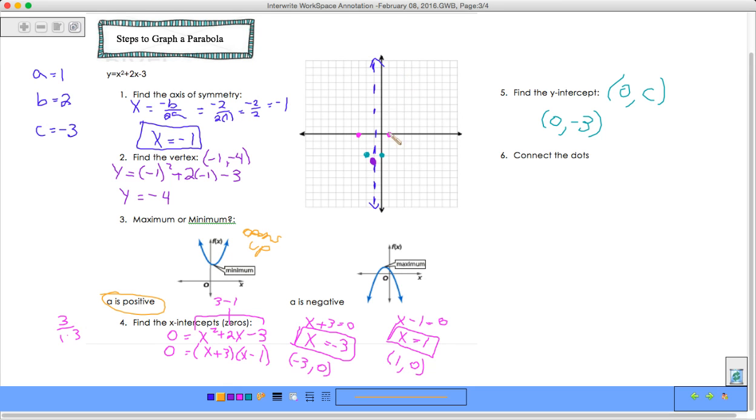If for any reason this doesn't give us enough points, so we do all of this, but some of these points end up being the same points, and we don't end up with at least 3 points to graph, then we make a table. So if we need more x values, or more points, make a table.